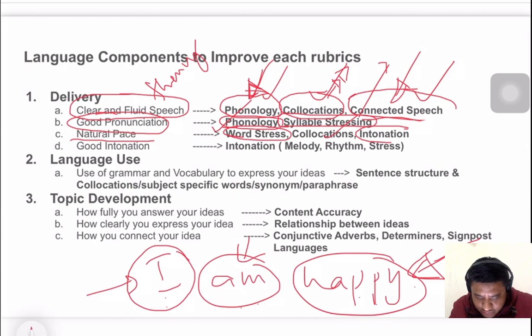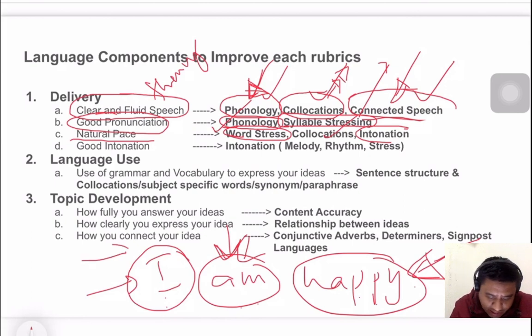But you can also choose to stress am. So you say, I am happy. Maybe somebody thinks that you're not happy, so you're telling them, I am happy. Right? So you stress am.